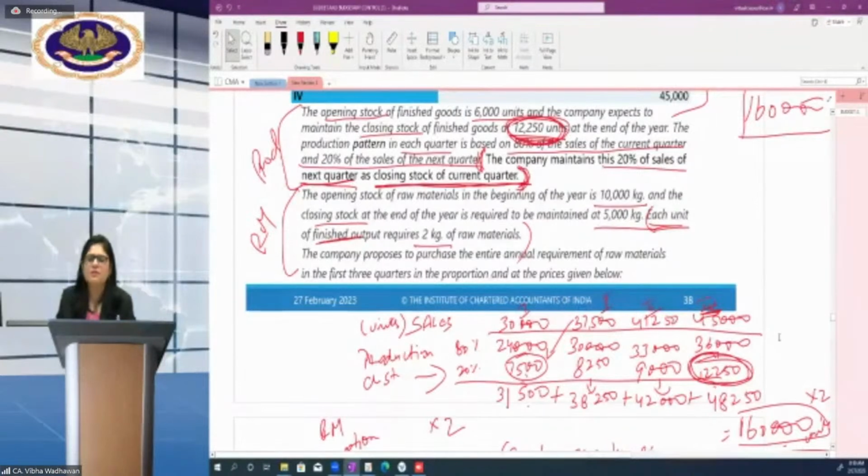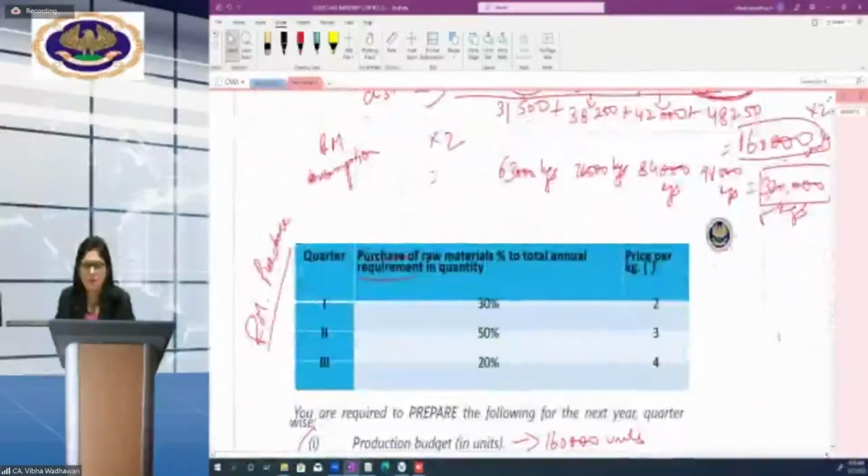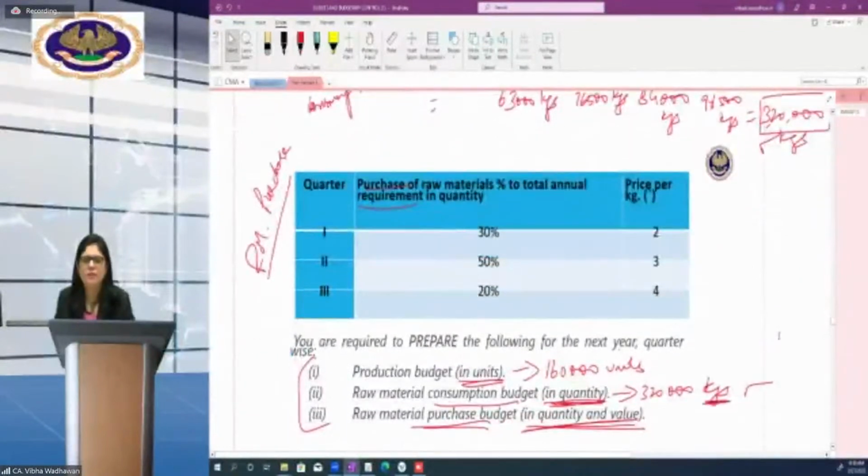So this information you can note down, and then I'm scrolling down to this raw material purchase information, 30%, 50%, and 20% of the purchase of raw material as a percentage to total annual requirement and the price per kg. So this information is going to help you to calculate in units and value. All right. We'll take a break of 5-7 minutes. I'll come back to you. Please calculate.